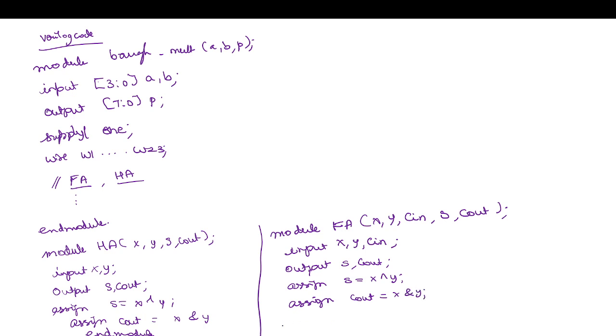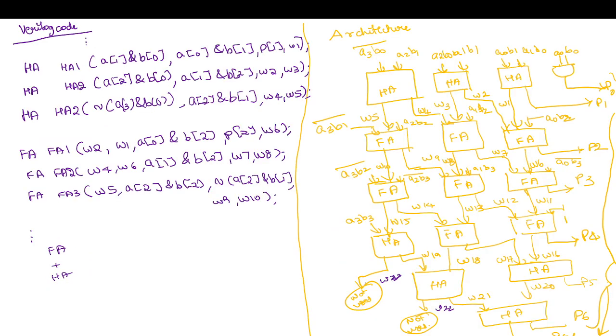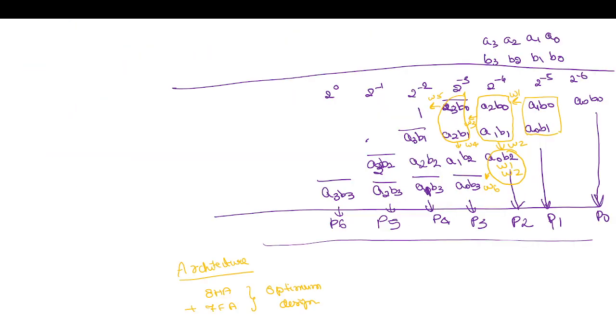Hello, ma'am. Yes, ma'am. For this you said it required 8 half adders and 7 full adders. But in the diagram, I am seeing only 7 half adders and 8 full adders. Could you please clarify it, ma'am? No problem.